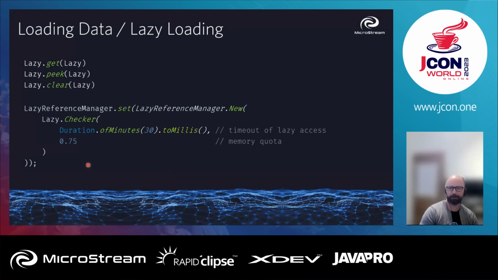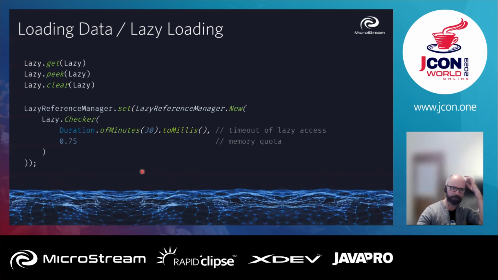So the hot data, which is used all the time, will automatically stay inside your RAM, and the cold data, all the older business years, for example, will be cleaned up by the lazy reference manager eventually if they are not used for a while. So with this technique, the hot data automatically stays in memory, and most of the time, of course, you don't have to worry about clearing the lazy reference.